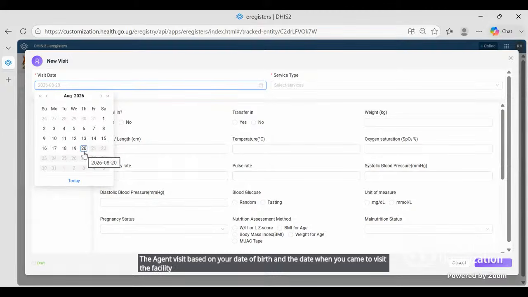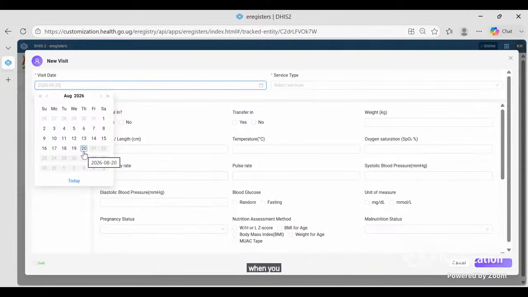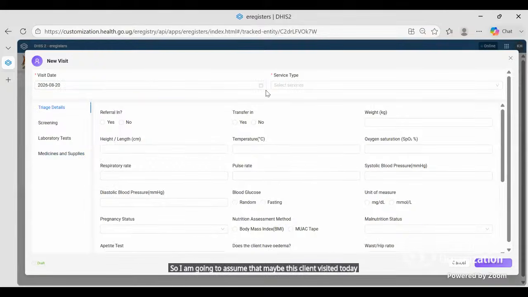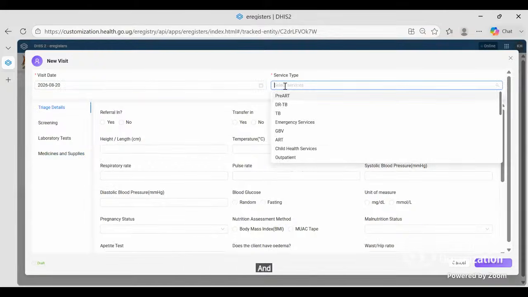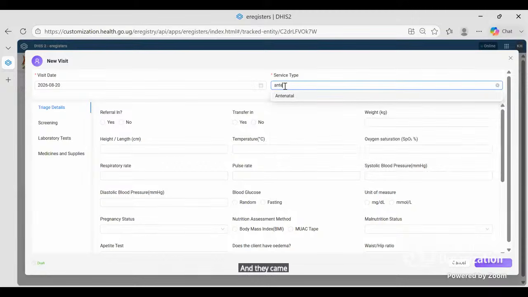We all know this is for purposes of populating our reports, which are disaggregated by age at the time you visited for the services you got. I am going to assume that this client visited today and came for antenatal, so we'll first go through the antenatal.